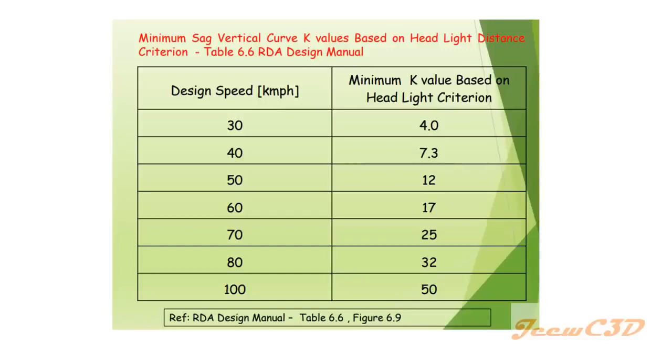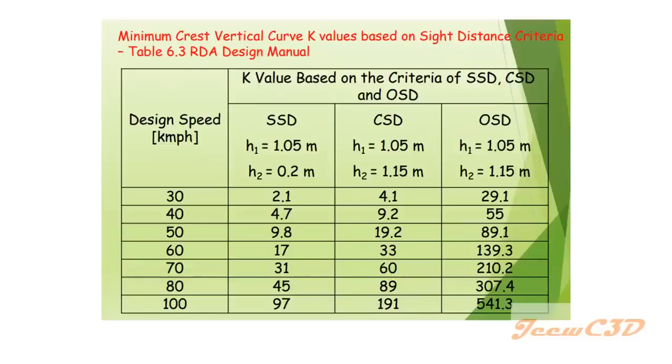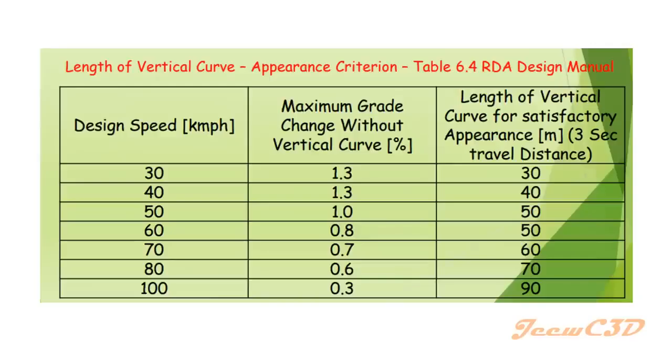As well, you have to follow the SSD criteria. That one is also 17 for the sag curve, because I told you we use headlight and SSD criteria the same in that lecture. However, for the sag curves, you have to satisfy the appearance criteria also. So in that case, you have to follow this one.